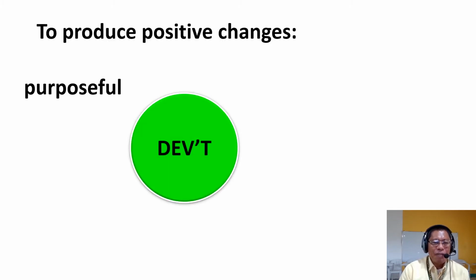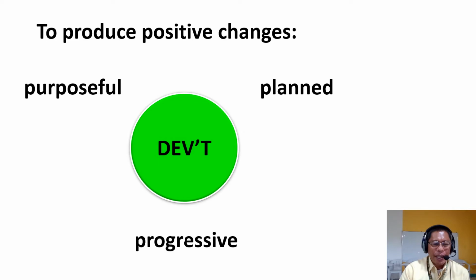To produce positive changes, development should be purposeful, planned, and progressive. In order for development to produce positive changes, these changes should be purposeful. Ang ibig sabihin, there are specific objectives, there are specific goals, and it should be planned.